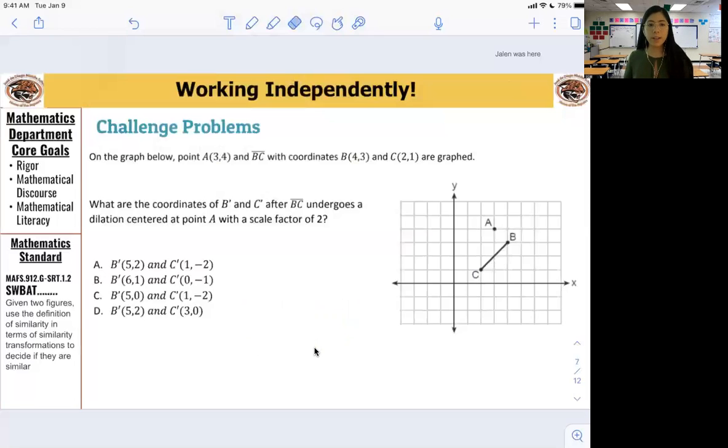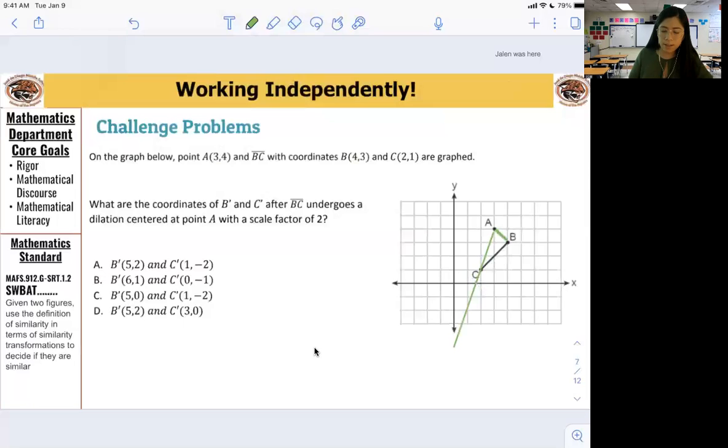But there are some different strategies that we can implement. So first of all, we know that the scale factor is 2. Remember what I said before, the scale factor also represents the distance from the center of dilation. Remember that the center of dilation connects all the dots.